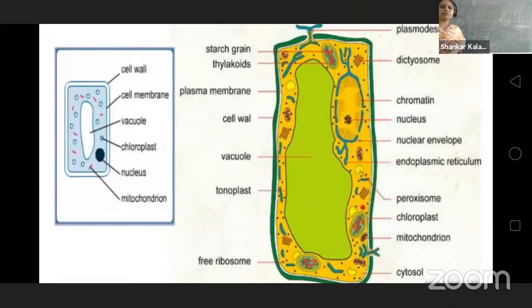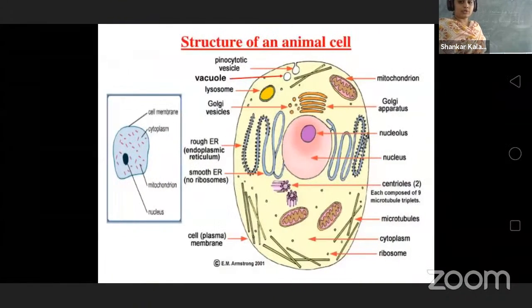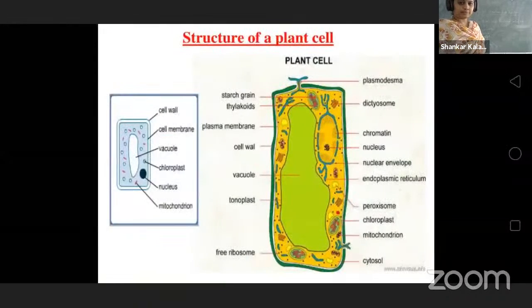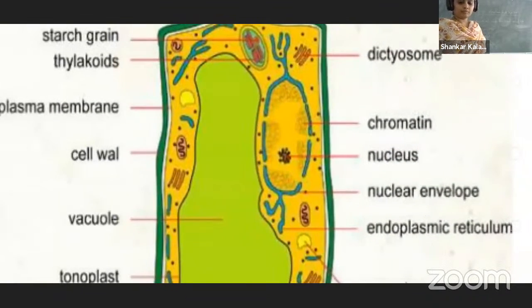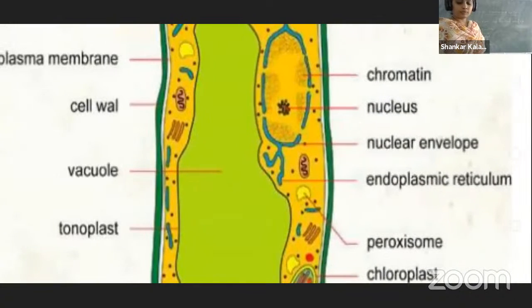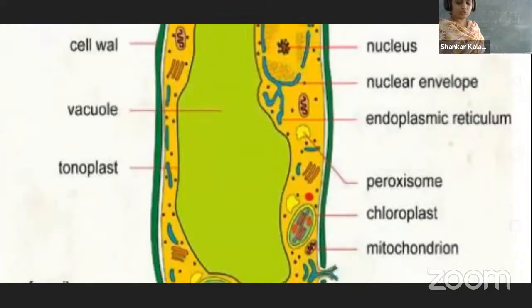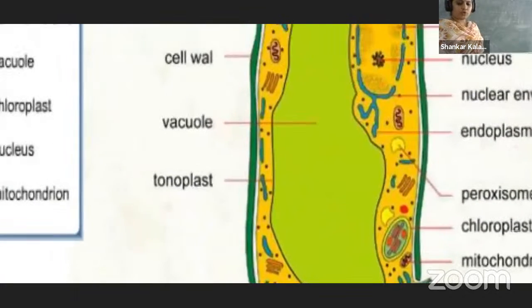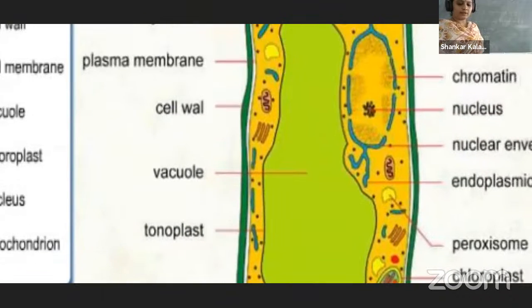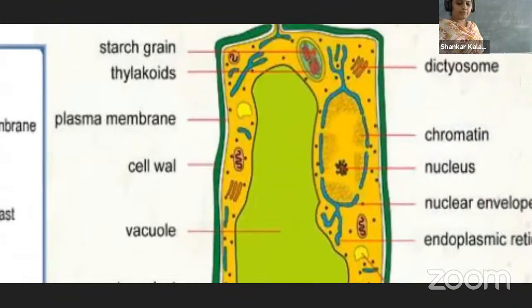Now you can see the structure of the plant cell, students, when it is observed in the microscope. We can see these many things. Where are these parts in the colorful picture? You can see the nucleus, next chloroplast, mitochondria, vacuole, the big part of this cell, cell wall, and plasma membrane.